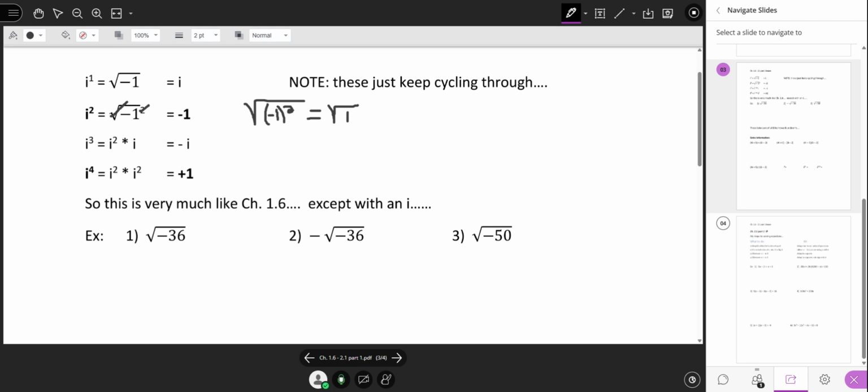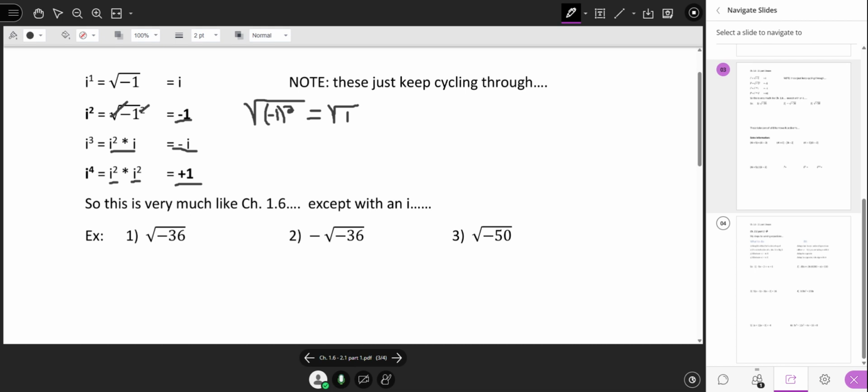So then i cubed becomes i squared times i. And i squared is -1. So -1 times i becomes -i. And then i to the fourth is i squared times i squared. So -1 times -1, which becomes +1.